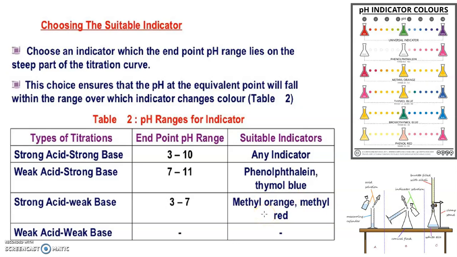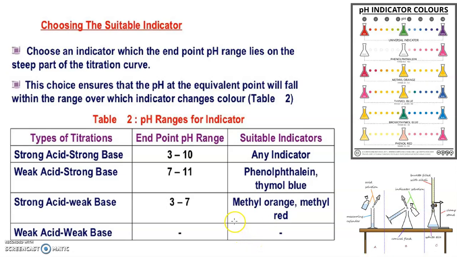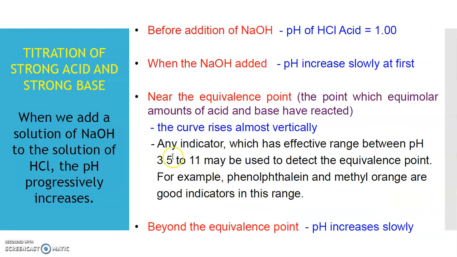We are looking for the point at which neutralization occurs, and that is what we call the endpoint. This is a titration of strong acid and strong base. Normally the strong acid is placed in your conical flask, meanwhile the sodium hydroxide is placed in your burette.